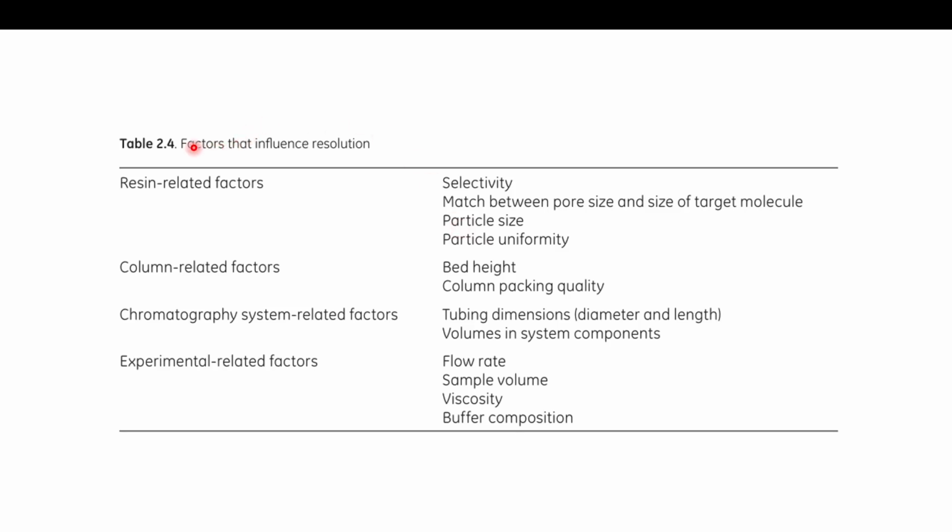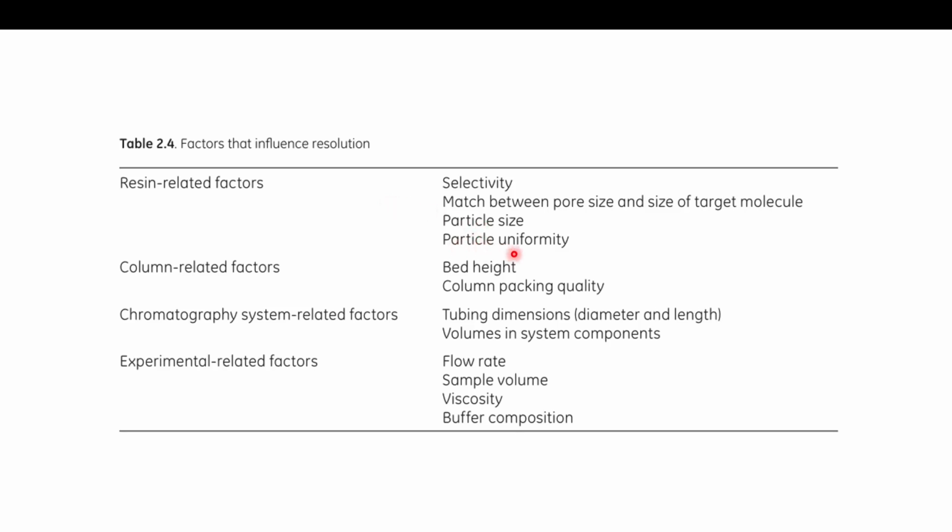And so what are the different factors that can influence resolution? These are the resin related factors like selectivity, the match between pore size and size of the target molecule, particle size, and particle uniformity. If the sample is more heterogeneous, then the resin should be packed in such a way that pores of different sizes are available, so that the heterogeneous sample mixture can be well resolved from one peak to the other.